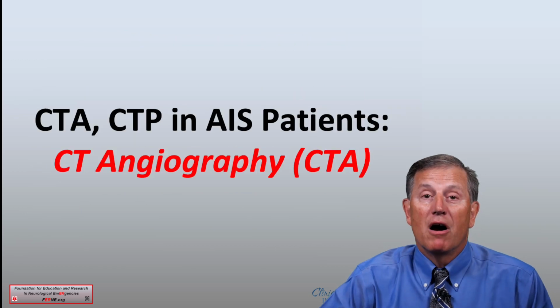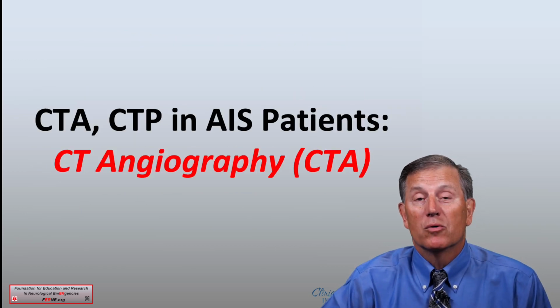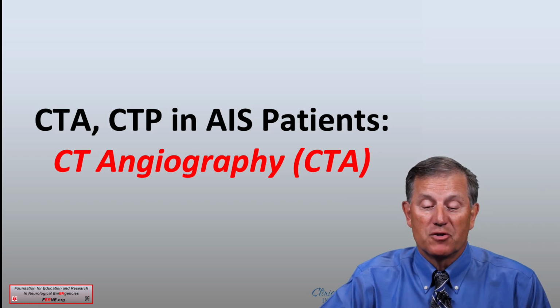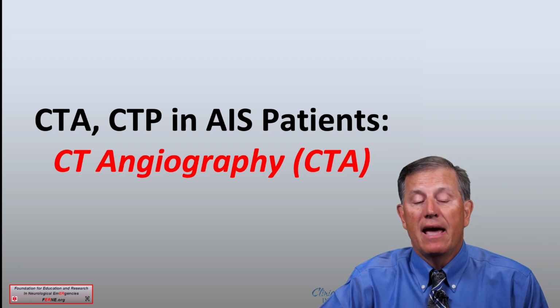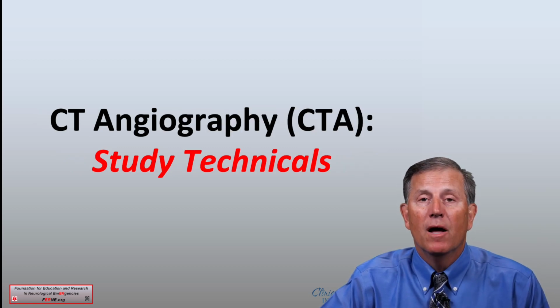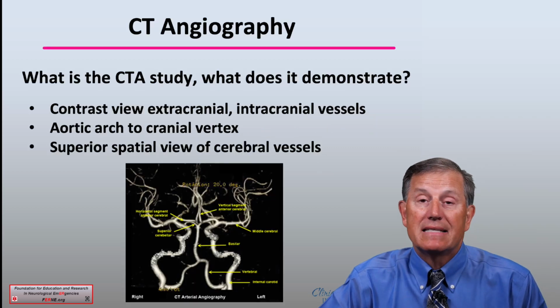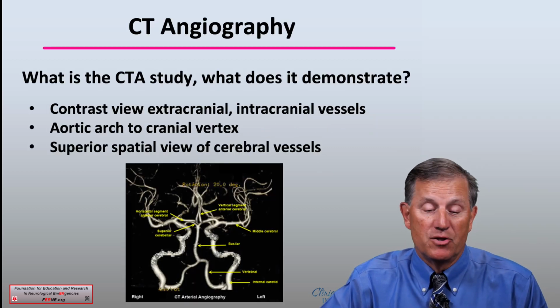So we're now going to talk about the elements of the multimodal CT testing paradigm or diagnostic approach in patients with acute ischemic stroke. Let's start with CT angiography, CTA. What are the study technicals of this test? What is the CTA study and what does it demonstrate?